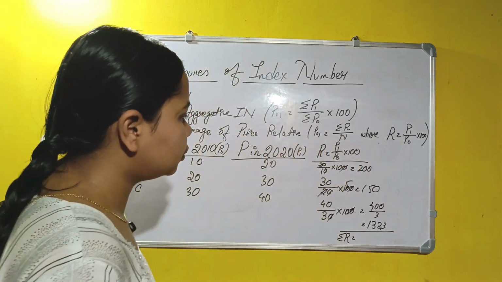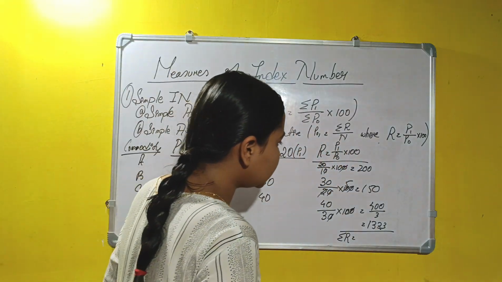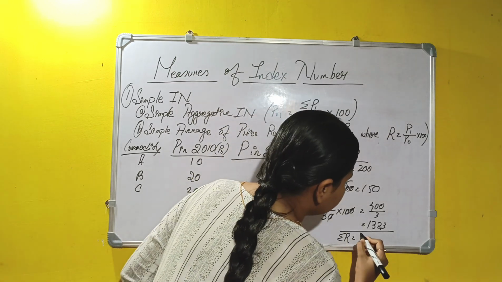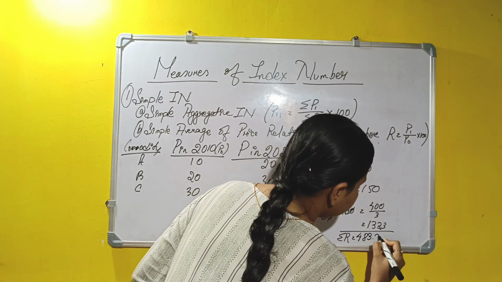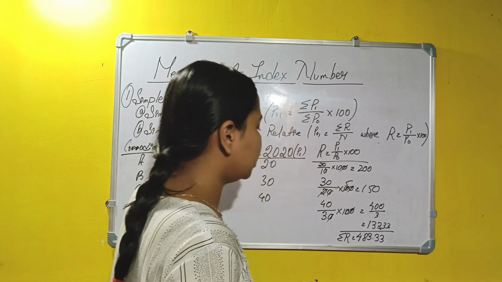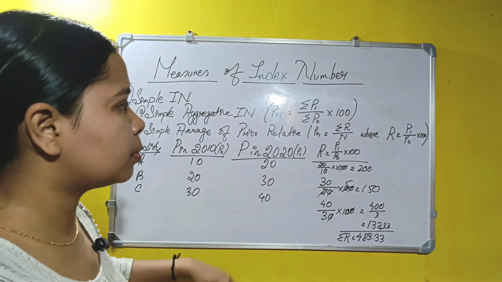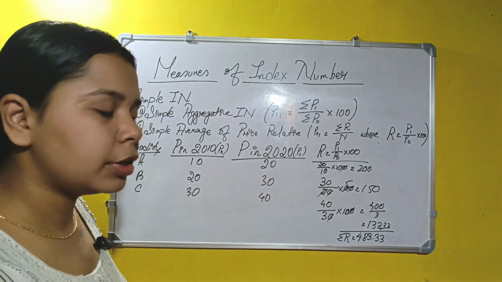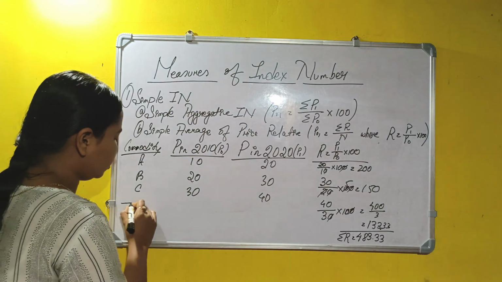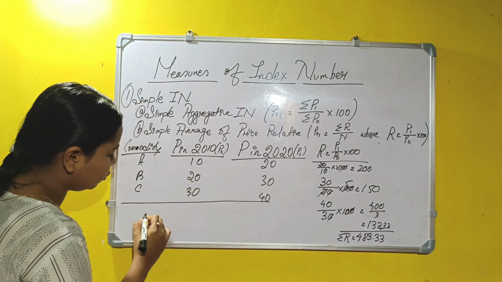Fine. Now after this we have to make a summation of R. So it will be 200, 150, 133.33, which gives 483.33. Now after all this, we simply have to put this in the formula.